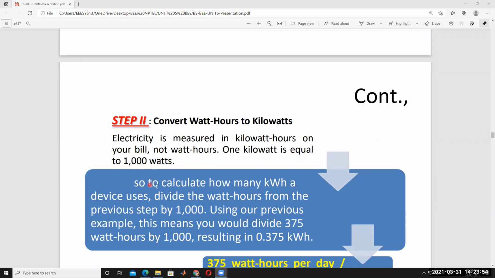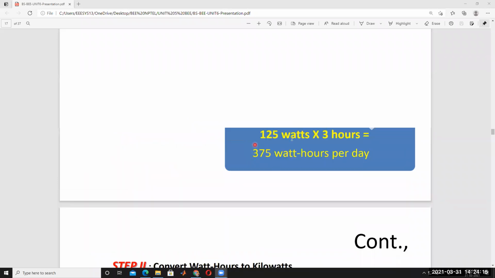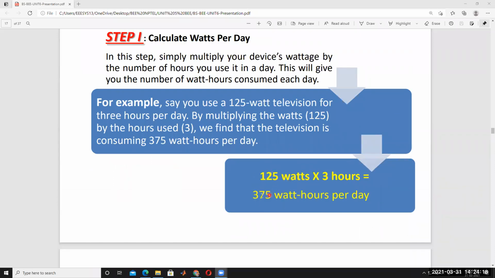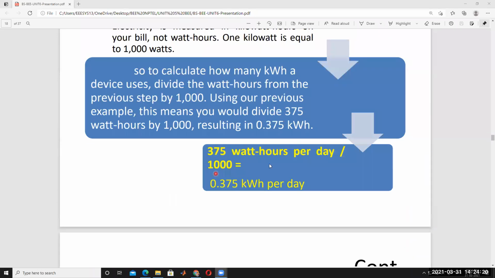To calculate how many kilowatt hours a device uses, divide the watt hours from the previous step by 1000. Using the previous example, you would divide the 375 watt hours by 1000. So 375 watt hours per day divided by 1000 is equal to 0.375 kilowatt hours per day.